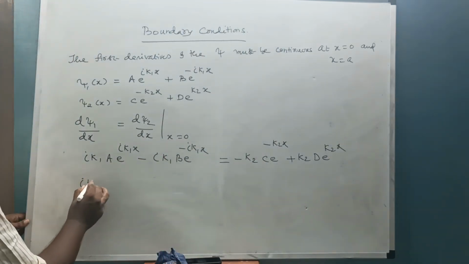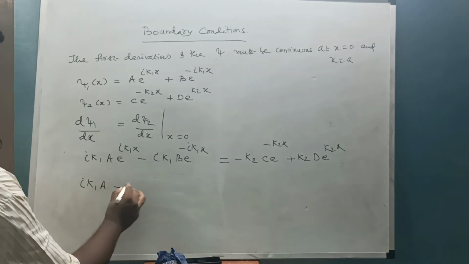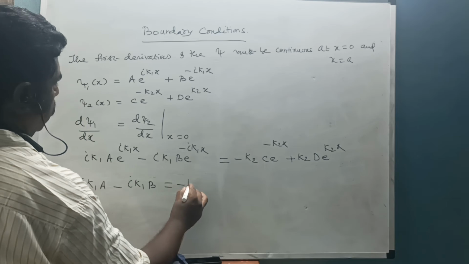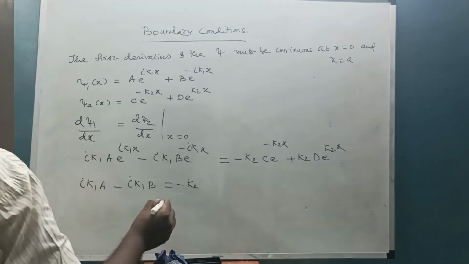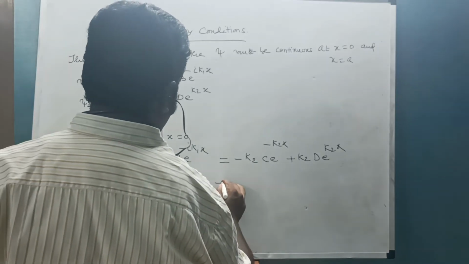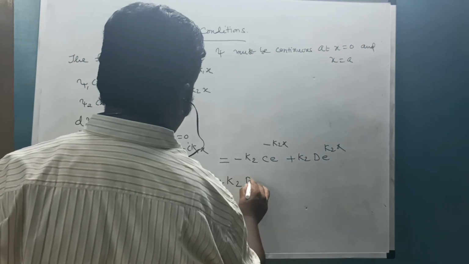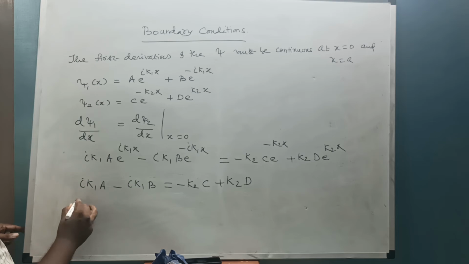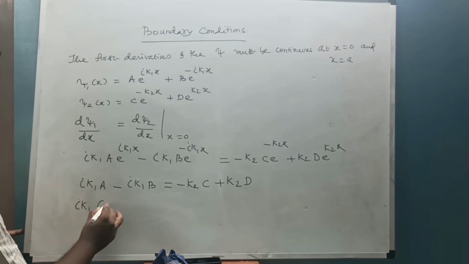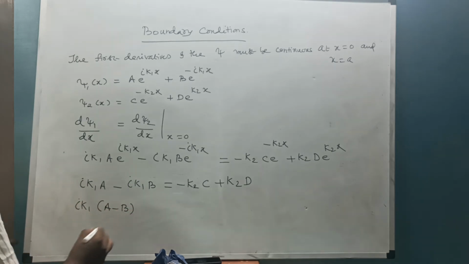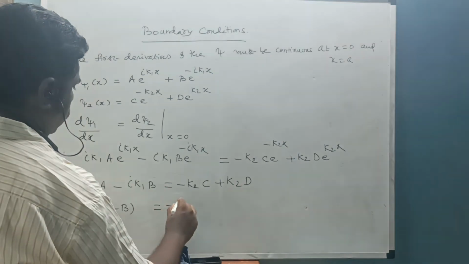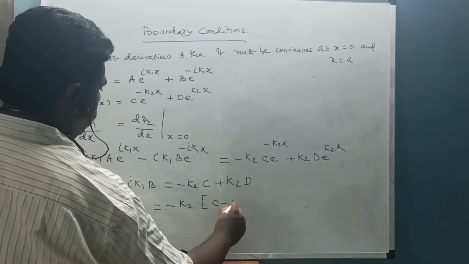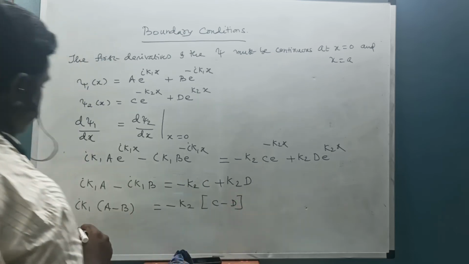Then ik1 a minus ik1 b is equal to minus k2 c plus k2 d. See, ik1 into (a minus b) is equal to minus k2 into (c minus d).